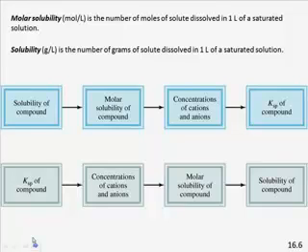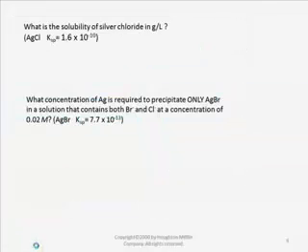Conversely, if I know the KSP, I can use that to find the concentrations of cations and anions, and hence the molar solubility and the solubility of the compound. Those are the two types of calculations we'll be doing. Let's take a look at a couple of example problems.